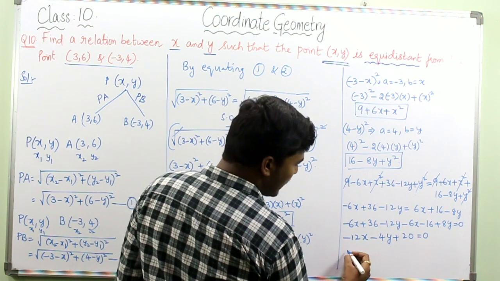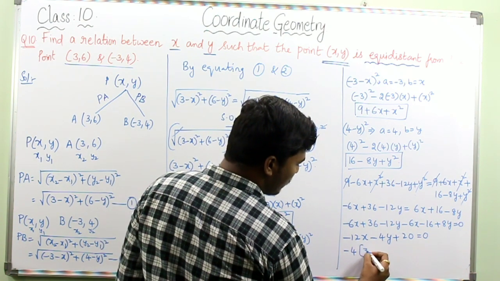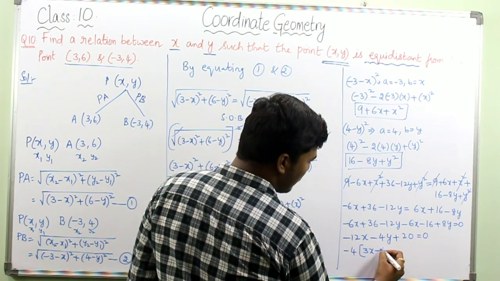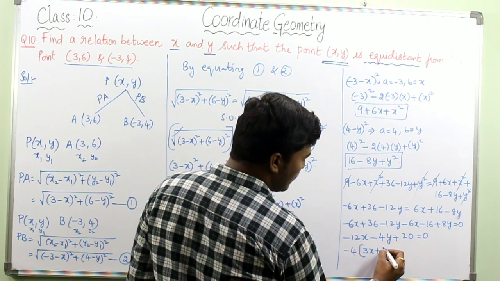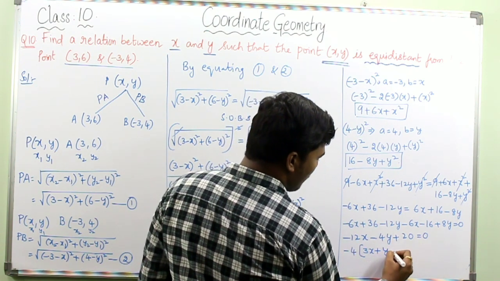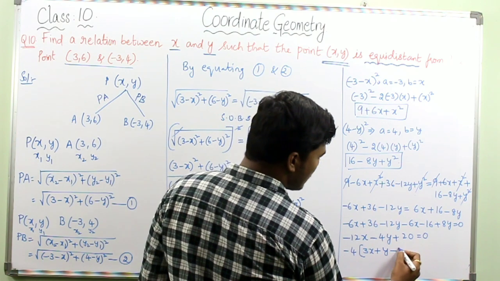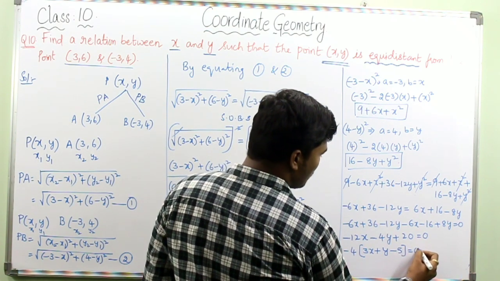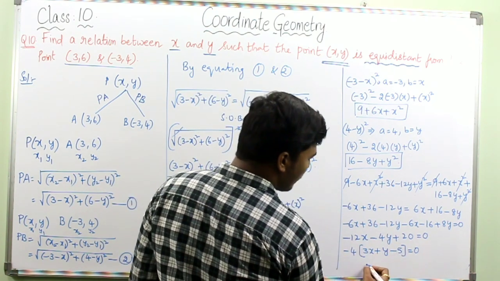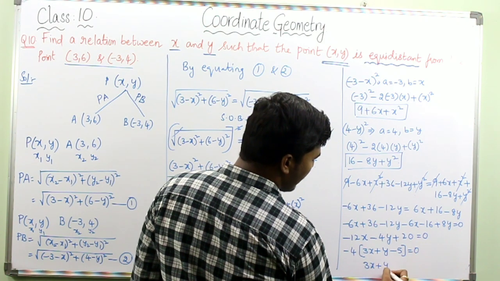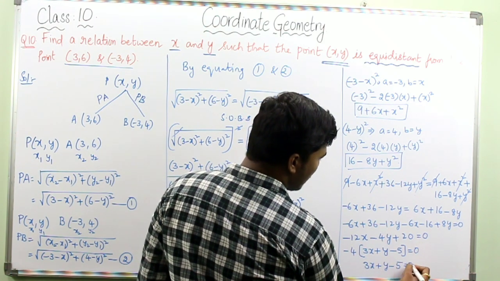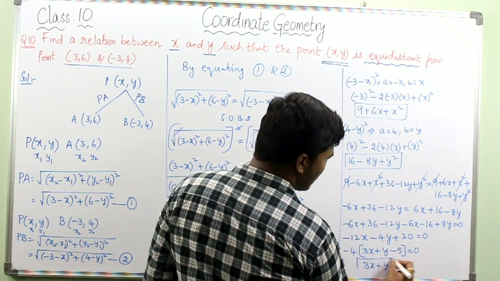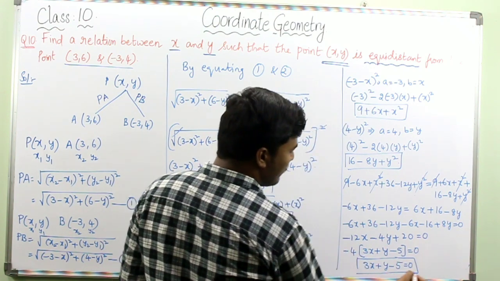Let me take minus 4 common here, then I will be left with 3x plus y minus 5 is equal to 0, because I have taken a minus common. So 3x plus y minus 5 is equal to 0 is the relationship between x and y.